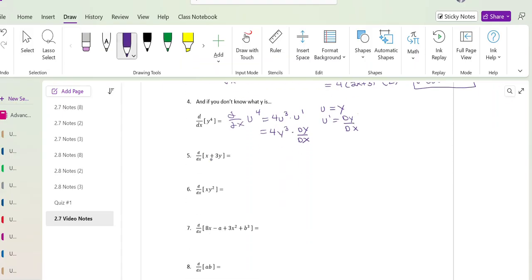So here, when you have a sum, you can split it up into two separate derivatives, the derivative with respect to x of x, plus the derivative with respect to x of 3y.